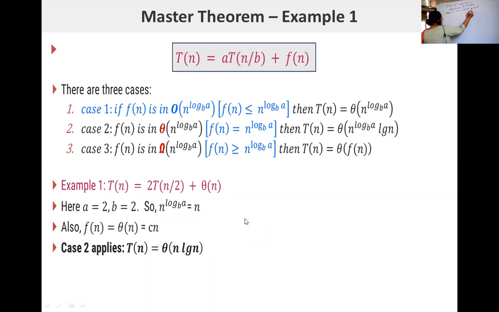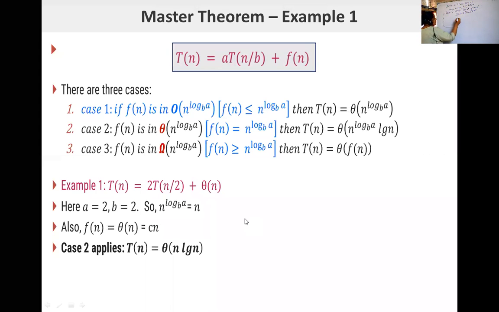So this is my case 1. The equation given to me is T(n) is equal to 3T(n by 2) plus n square.